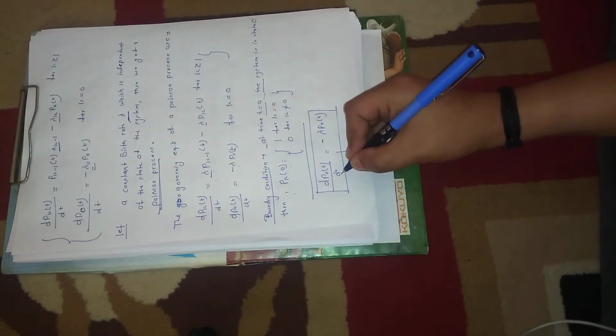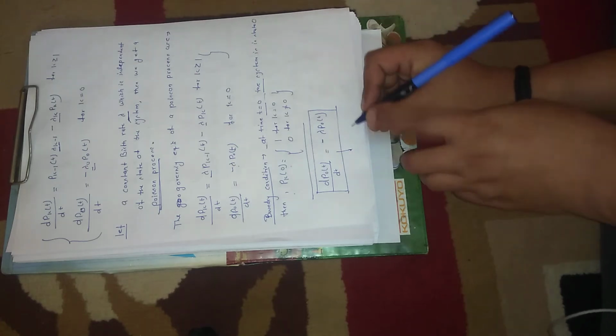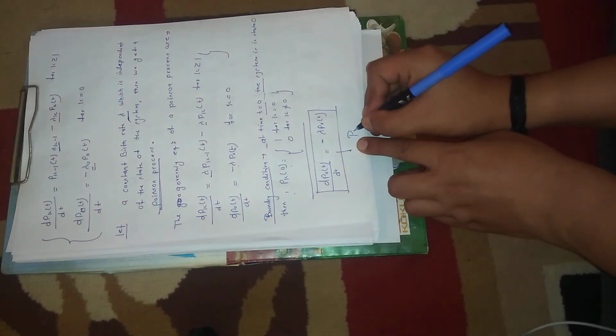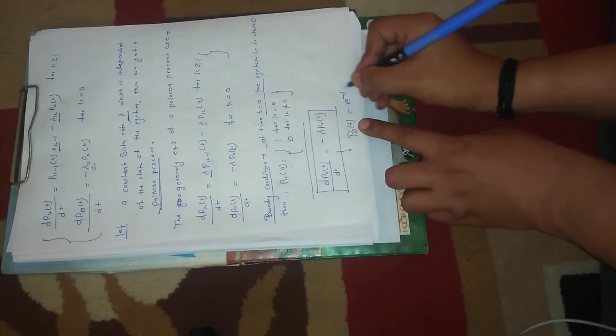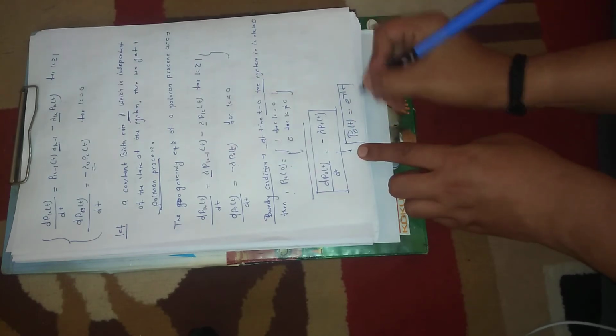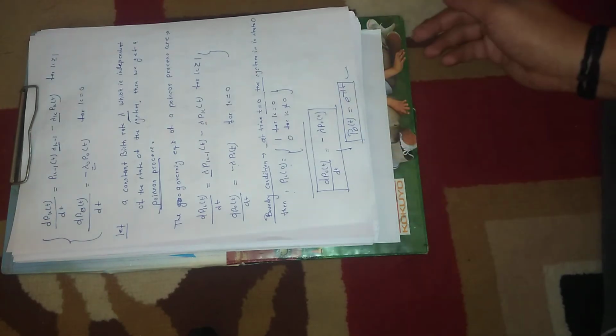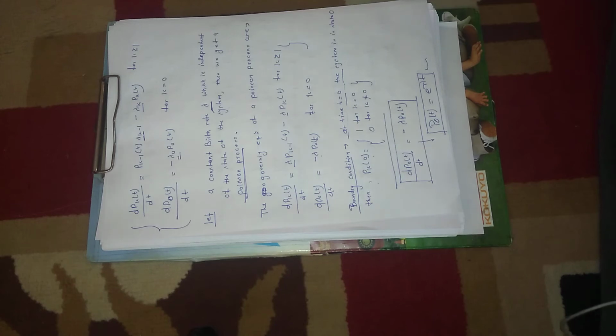From this expression, after integration, we get p_0(t) equals e to the power minus lambda t. So this value, p_0(t) equals e^(-lambda t), we get after applying the boundary condition.